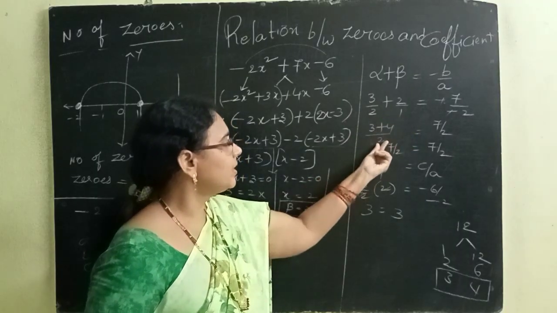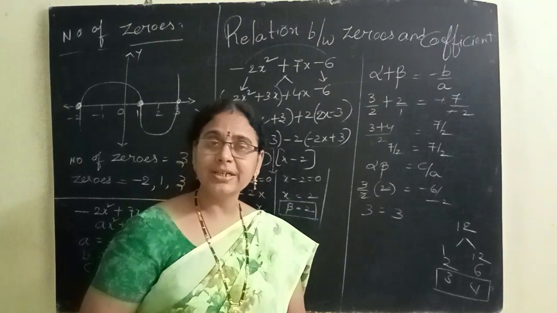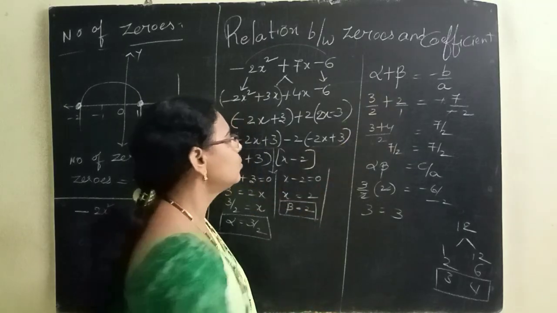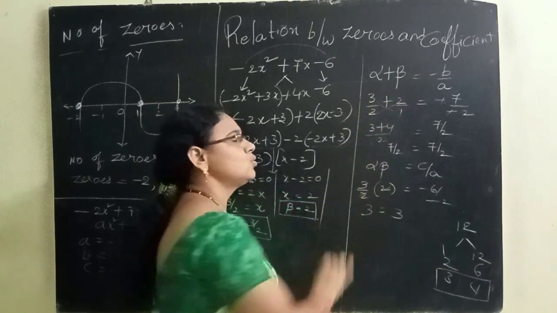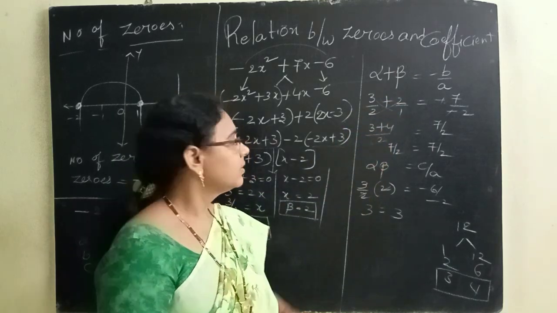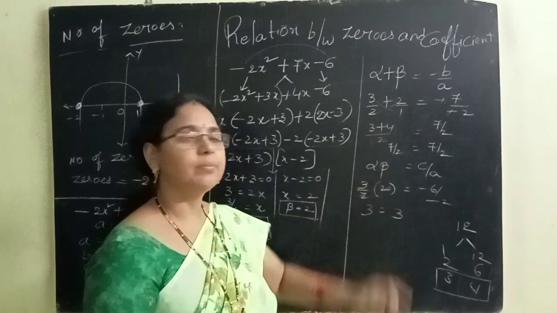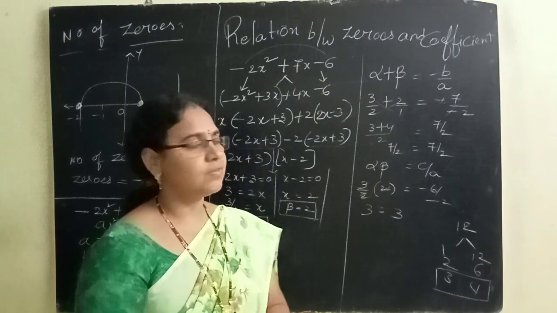Product of denominators you are taking as LCM. When you are taking product of denominators as LCM, can go to cross product. 3 ones are 3 plus 2 twos are 4. 3 plus 4 by 2. 3 plus 4 is 7. 7 by 2. It's clear, you got alpha plus beta is equal to 7 by 2.